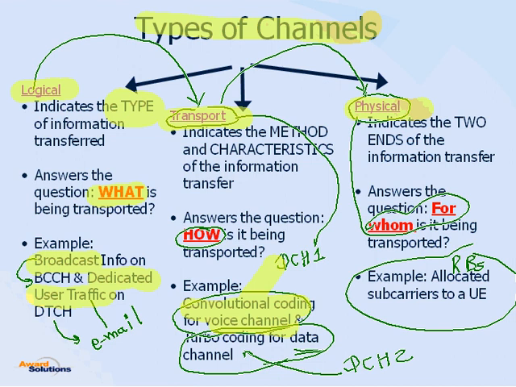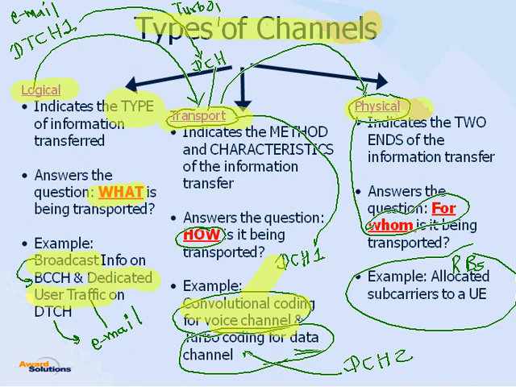So for example, I will have some email, let's say. It's a type of information. I have some logical channel, dedicated traffic channel 1. I will protect that using turbo coding. I will specify the turbo coding by using a transport channel called dedicated channel.